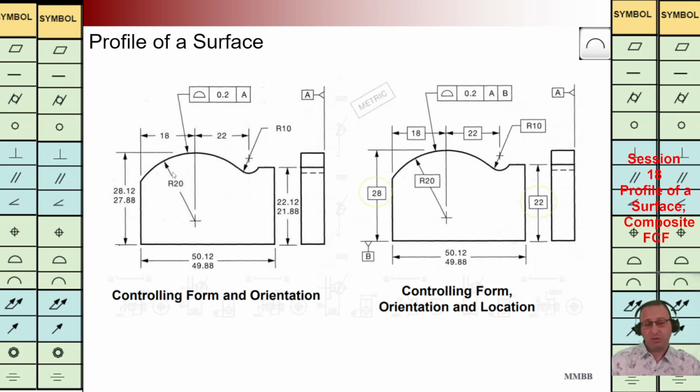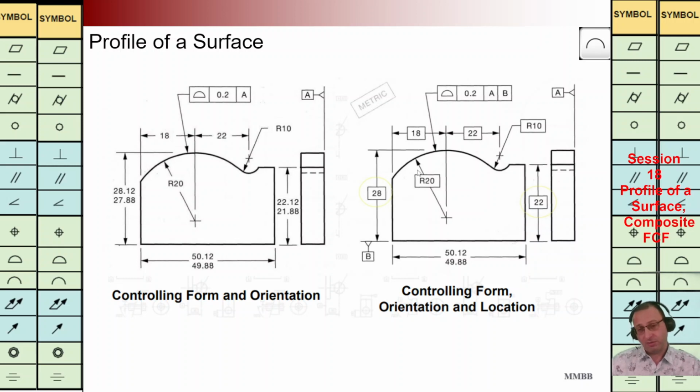It means we are going to make two boundaries with the same shape, and in order to make the boundaries, the normal of that two boundaries should be the same as this profile respect to plane A. That's why we are going to control the form and orientation.